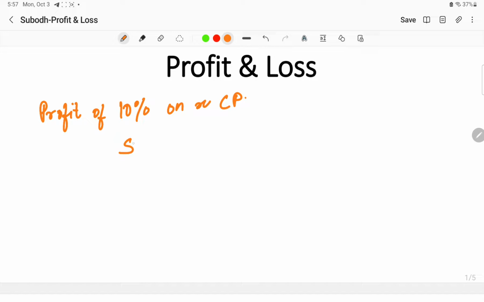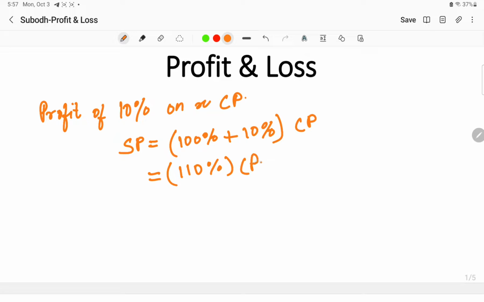Selling price we can calculate like this: there is always 100%, this is the cost price percentage, plus 10% is the profit, then we multiply it by cost price. So this goes like 110% into cost price. By this we can get the selling price.